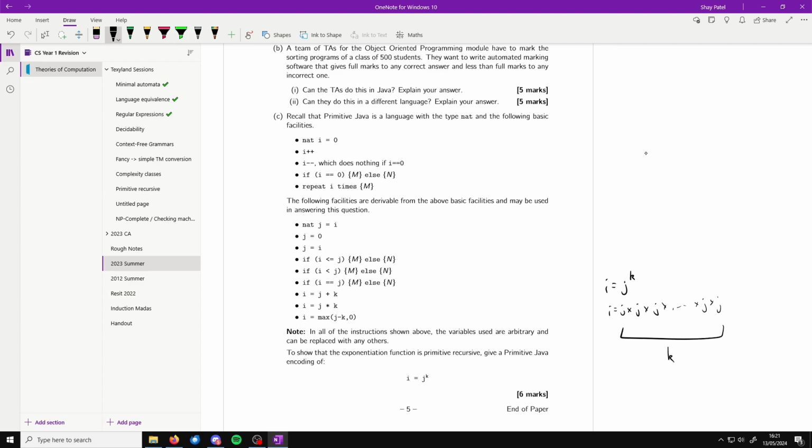So what we can do is we have our nat I defined somehow, and we have our nat j defined somehow. We don't have to define these, we assume that they're already defined, and k is also defined.